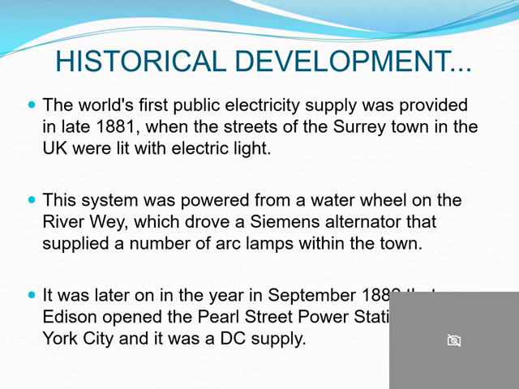And it was a year later, in September of 1882, that Edison opened the Pearl Street Power Station. So it was the first power station, in 1882, in New York City, and it was a DC supply, direct current.